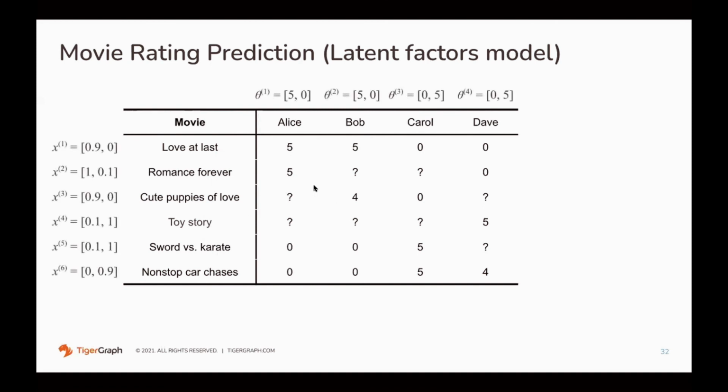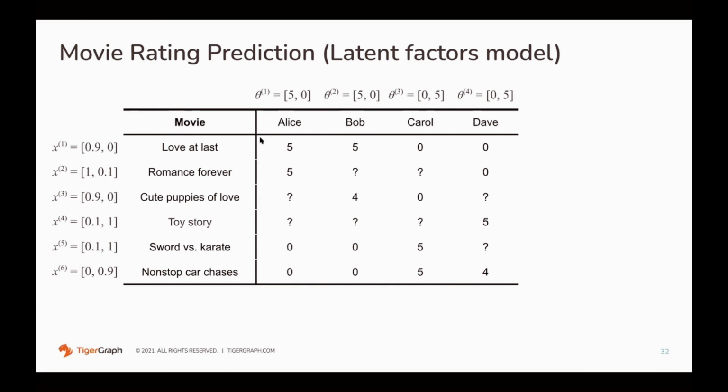In this latent factor model, first we generate a latent factor vector for each user and each movie. This latent factor vector consists of, since we have two genres, action and romance, the first part of the latent factor vector associated with the romance movies and the second index associated with the action movies.